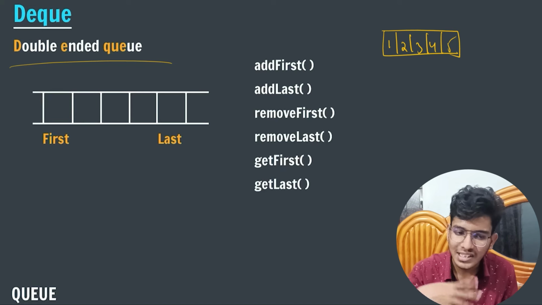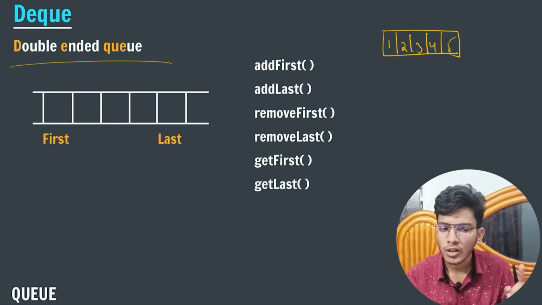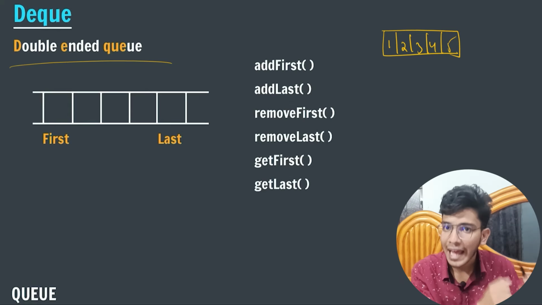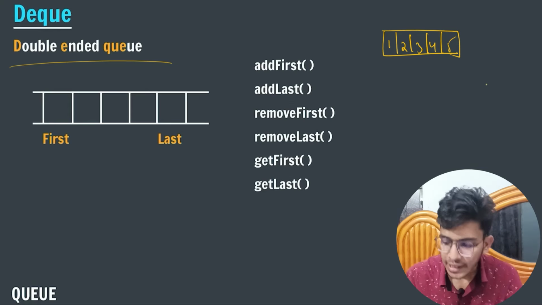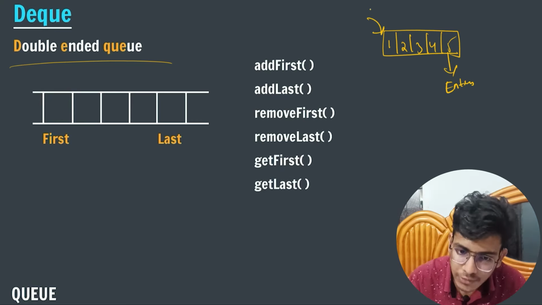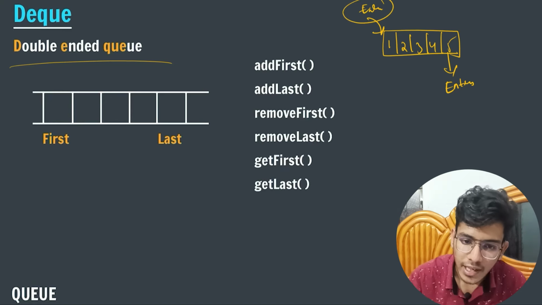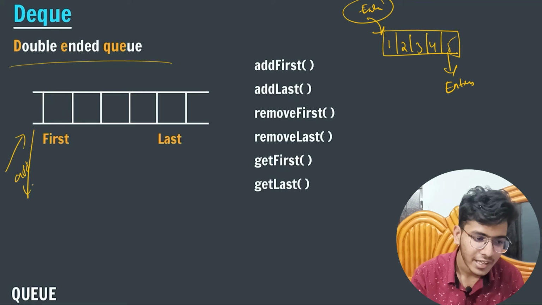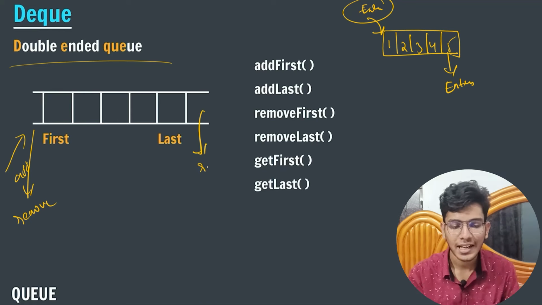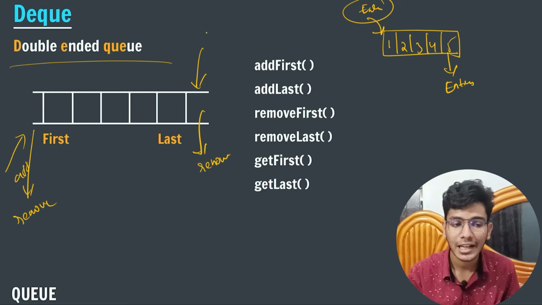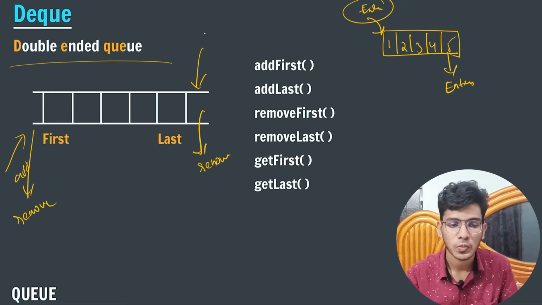The advantage with Deque is that we can add elements from the front, we can add elements from the rear, whereas in a queue the entry will only happen from one side and exit only from the other side. In Deque we can add elements from this side and remove elements from this side, and again we can remove elements from the last, and also add elements from the last side of my queue, right?